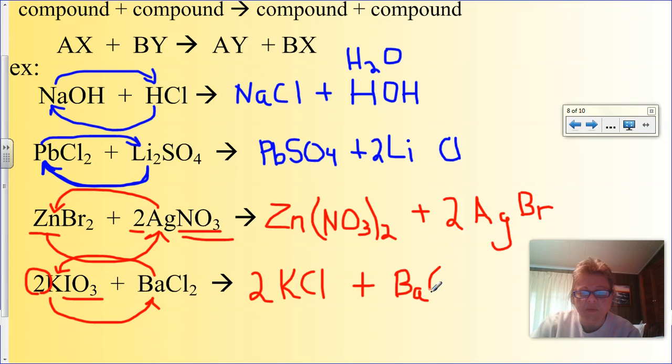So we need a pair of parentheses, and we write IO3 inside those parentheses and close it and put the 2 afterward. So it doesn't matter if you write the barium iodate first or if you write the potassium chloride first, as long as you have both compounds written.